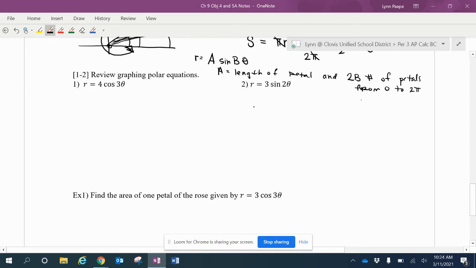But the trick here, going back to the good old days: if b is odd, the petals overlap, and if b is even, you have distinct petals, meaning they won't overlap.